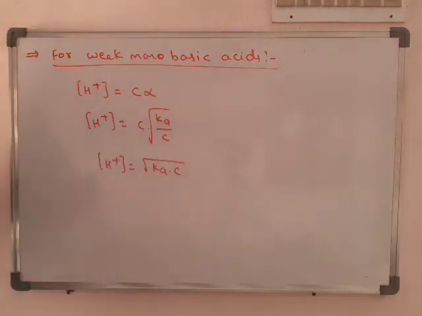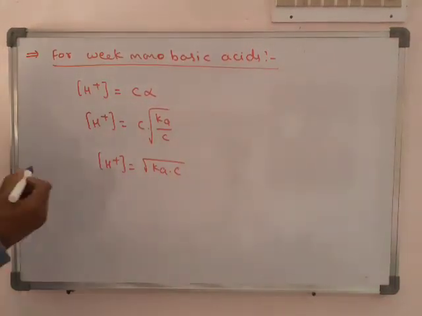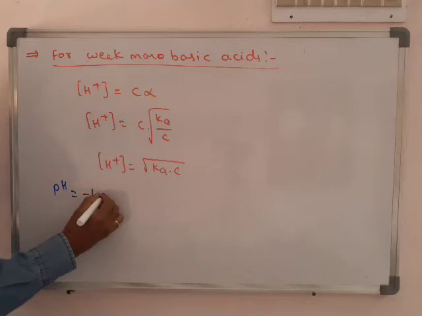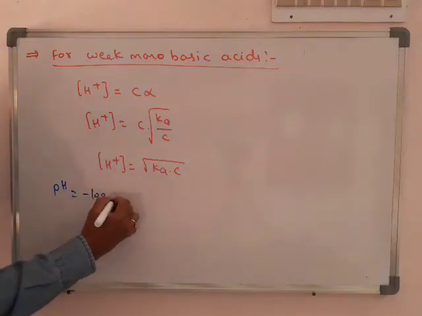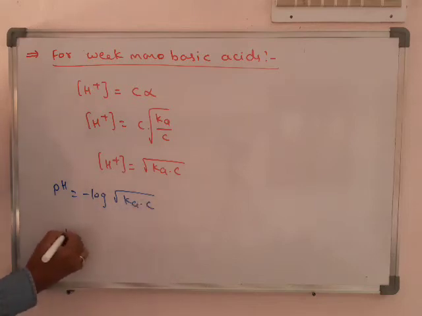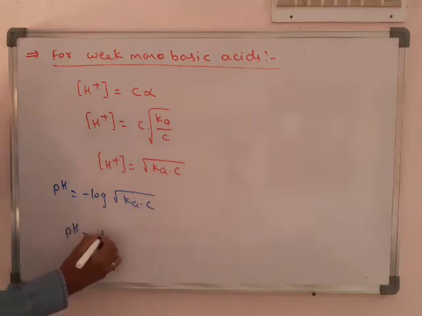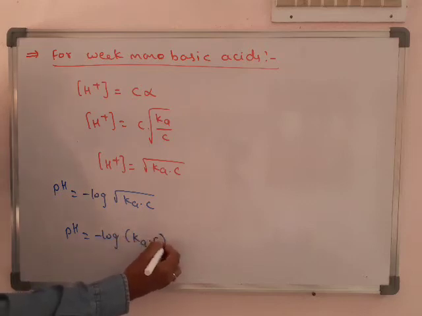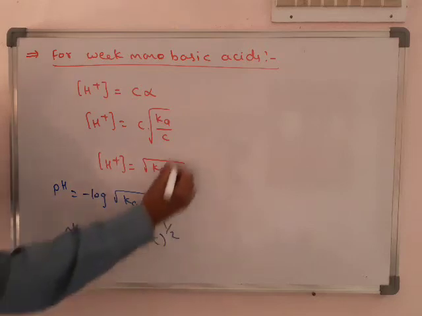Now we apply it for pH. For weak acid the formula is minus log H plus. In the H plus, what is there? Minus log of root Ka into C. So the pH equals minus log of Ka into C whole power 1 by 2.